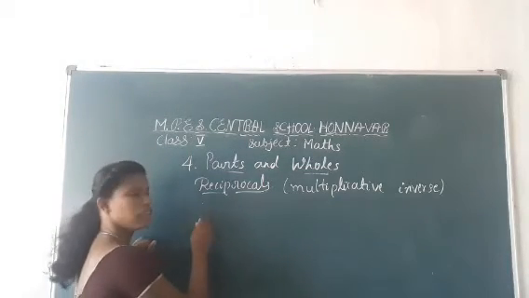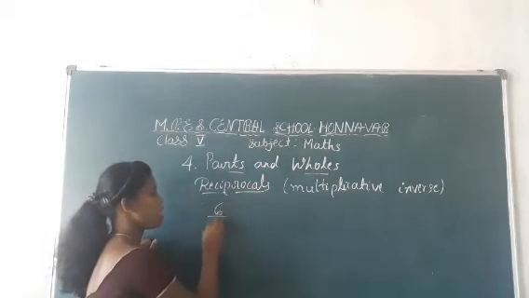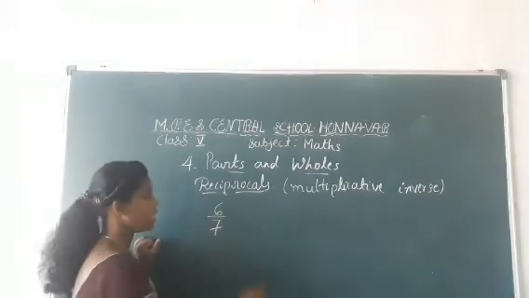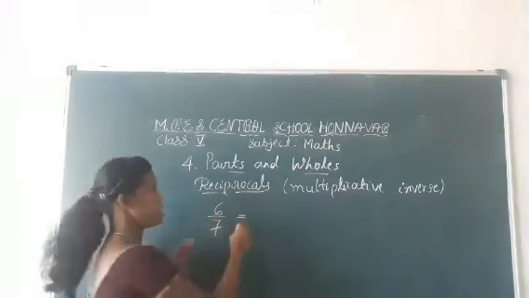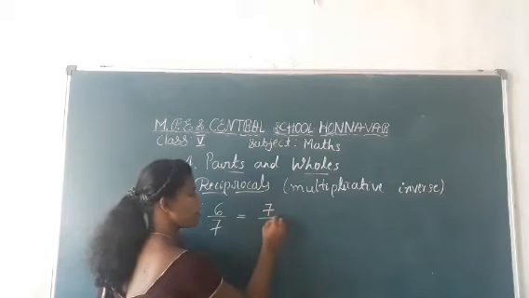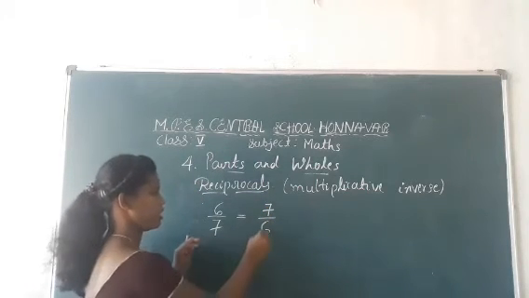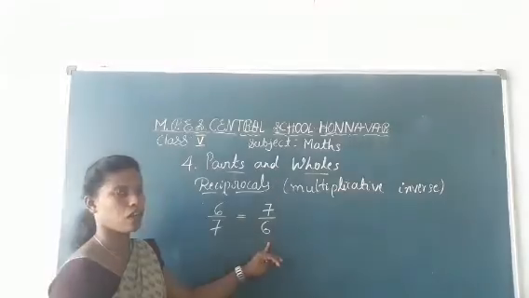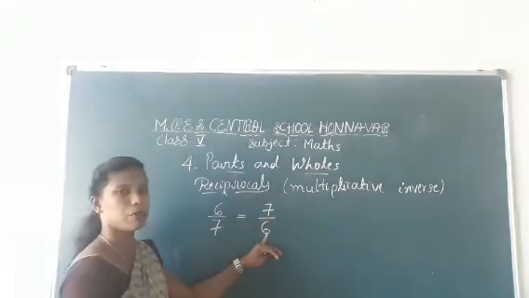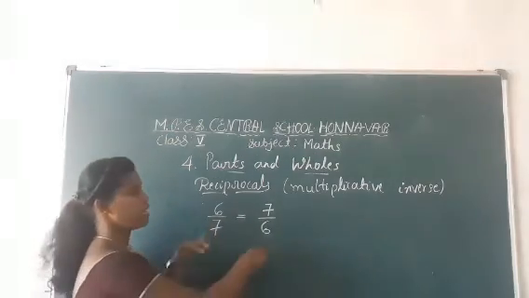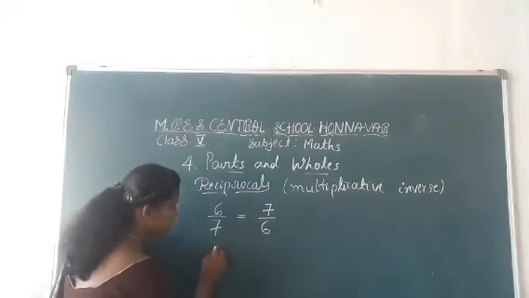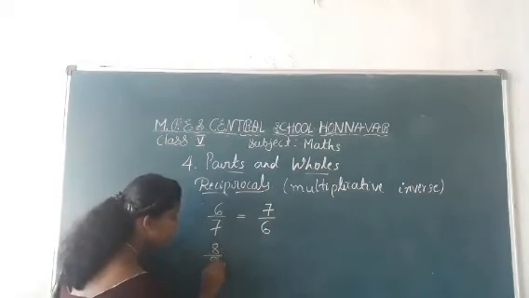Here we write the reciprocal of 6 by 7. How do we write it? We just reverse it, so we get 7 by 6. 7 by 6 is the reciprocal of 6 by 7. Just take the reverse. Next we write 8 by 9.